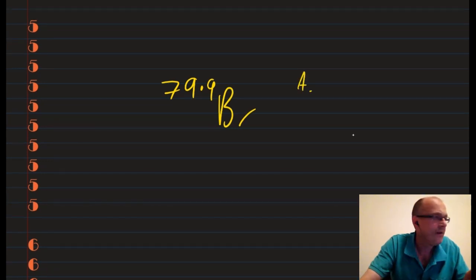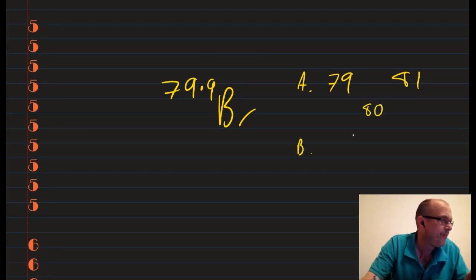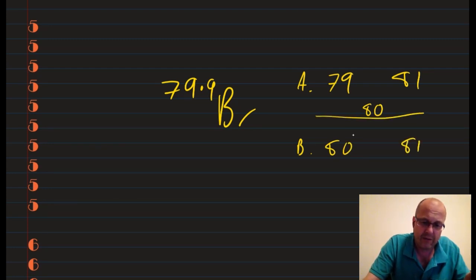So for A, it's 79 to 81. So if it's a 1-to-1 ratio, the average is going to be about 80. That's pretty close. For B, it's 80 and 81, so the average would be, if it's a 1-to-1 ratio, 80.5. No, we're looking for 79.9.